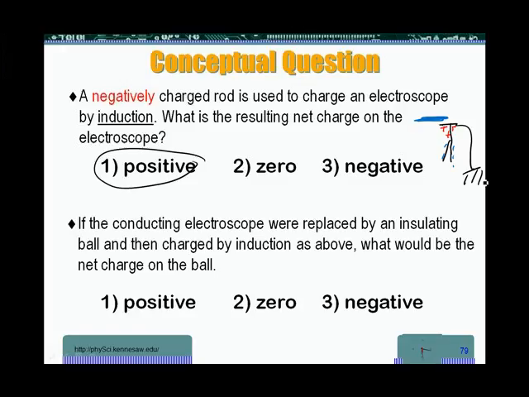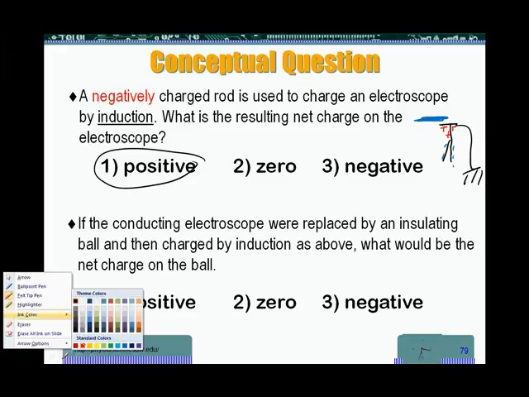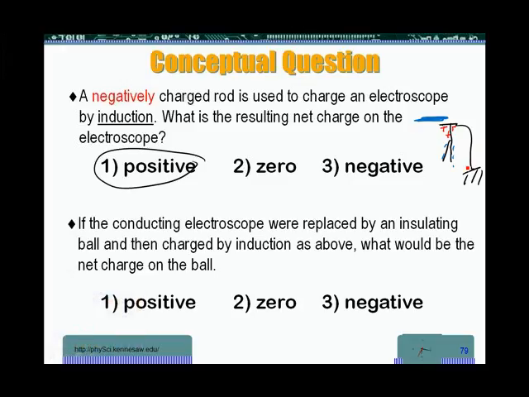So it's going to bring in, in this case, positive charges to neutralize these. Actually, what happens in real life is those excess negative charges, instead of staying here, are going to seep out to ground. But it's the same effect.